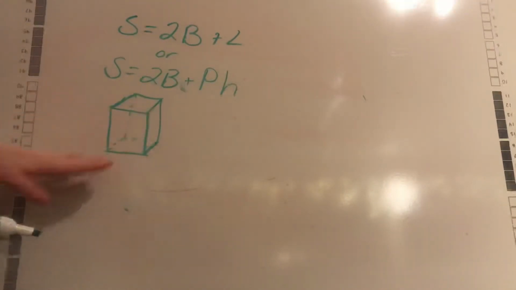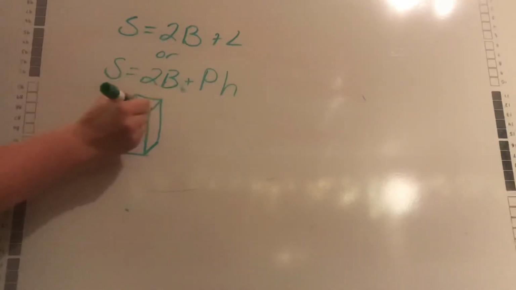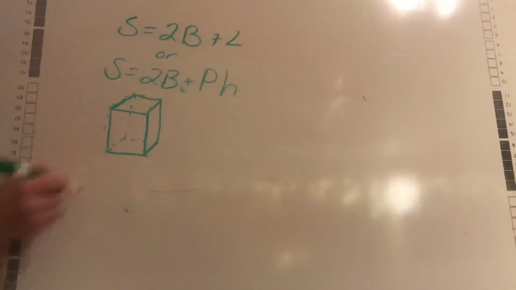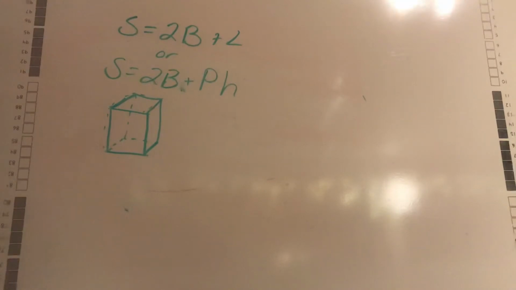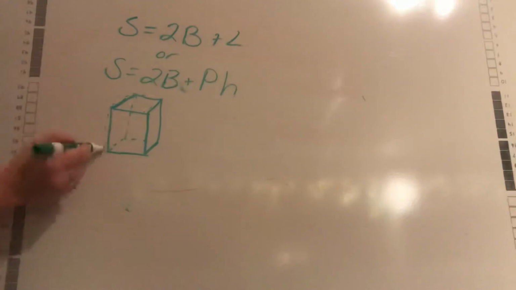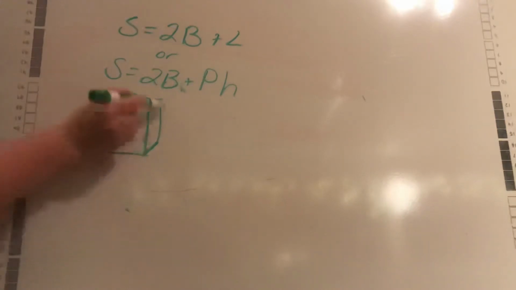Now to find the area of the rest of this, you're going to find the perimeter of this base, and then find the height here, and multiply those two together, because basically you're taking this perimeter that many times all the way down to here. That's going to give you the area from here to here and all the way around.